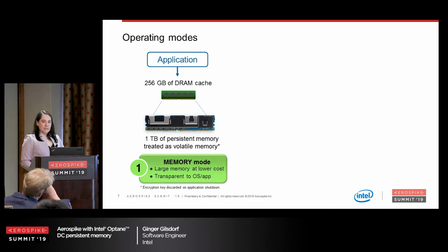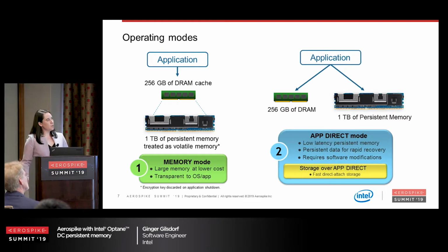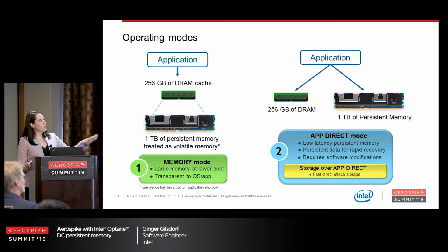But again, it's not nearly as interesting as the next mode, which is also the one that Aerospike has recognized the value of, and they've done the software work that it takes to work in what's called app direct mode. So in this case, your operating system actually sees 2 separate pools of memory. So I still have my regular DRAM.